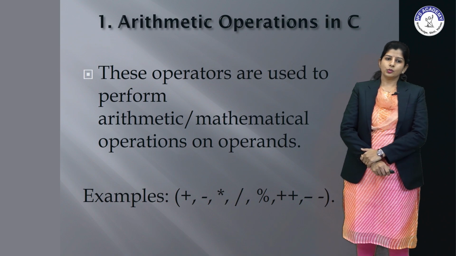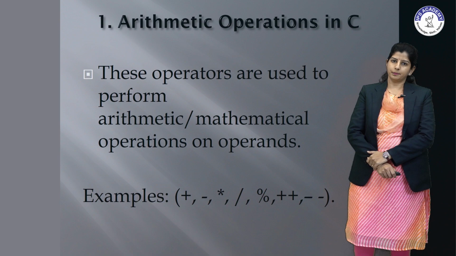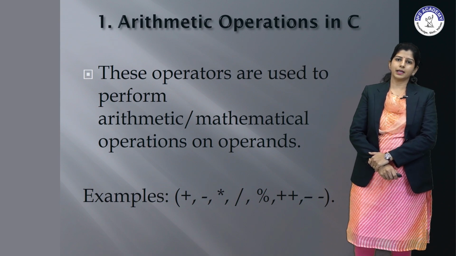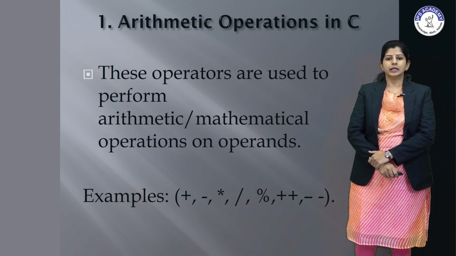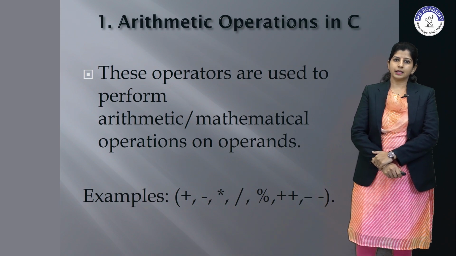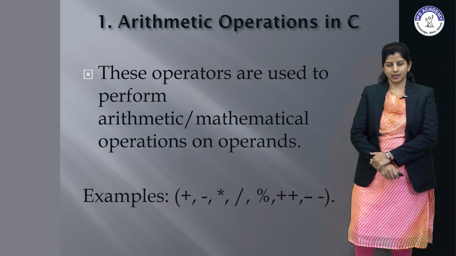These operators are used to perform arithmetic mathematical operations on operands. Examples of arithmetic operators are addition, multiplication, subtraction, division, the mod operator, and the unary operators plus plus and minus minus.